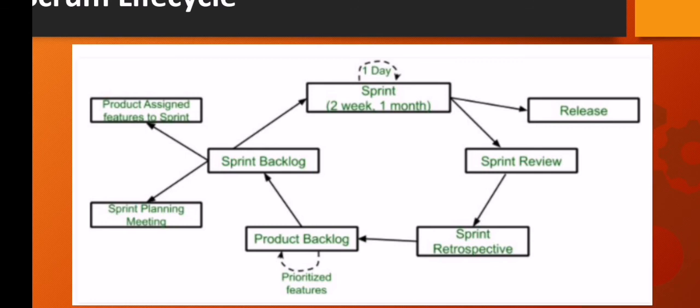Next is the product backlog. According to the prioritized features, the product is organized. And lastly, the sprint backlog, which is divided into two parts: product assigned features to sprint and sprint planning meeting.